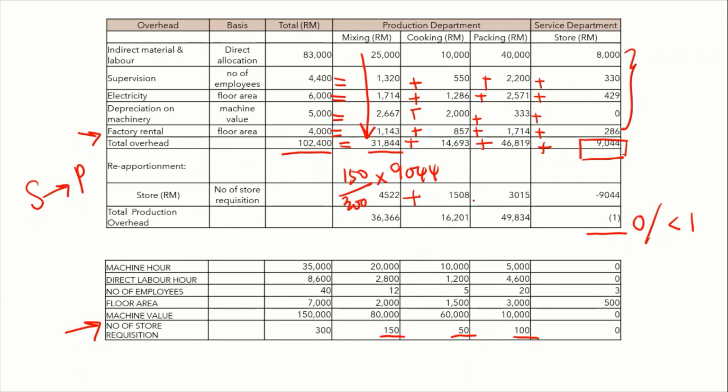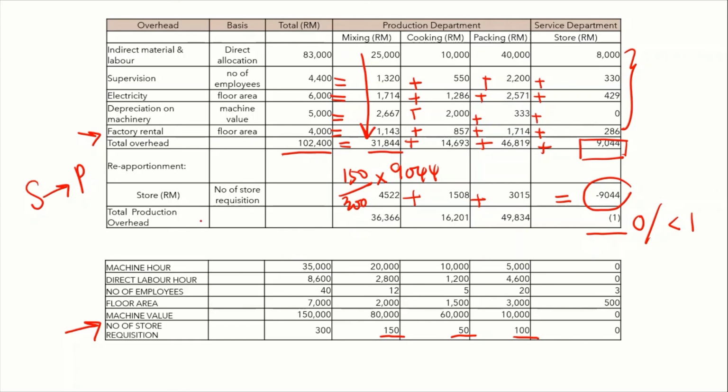When you add up this amount, you will gain the same amount here. So you deduct 9044 minus 9044, and you will gain an insignificant number, which means you already transferred it to the production department.